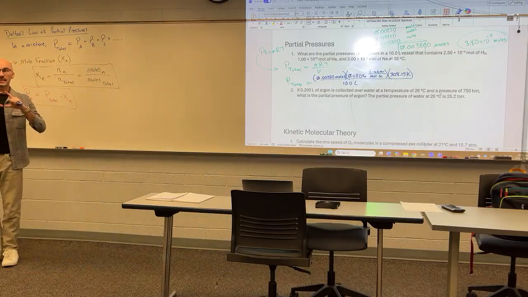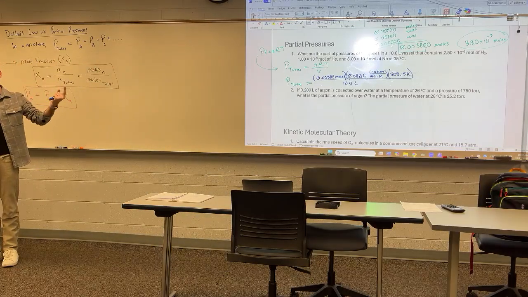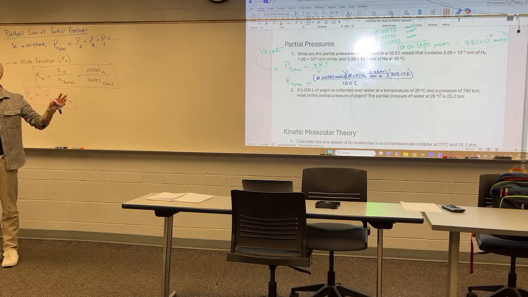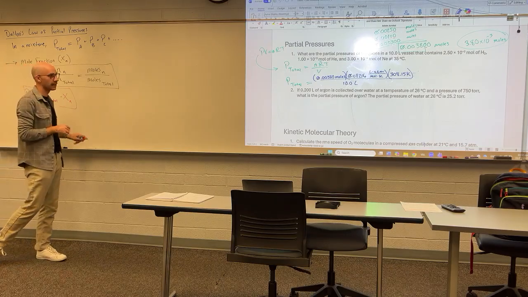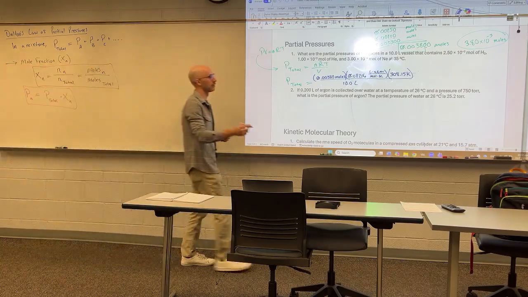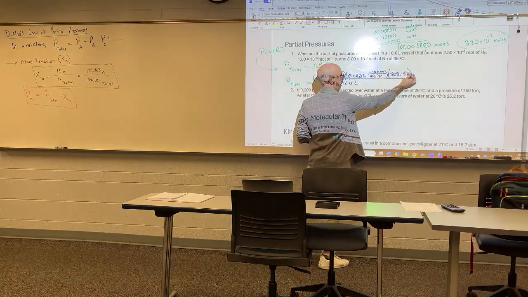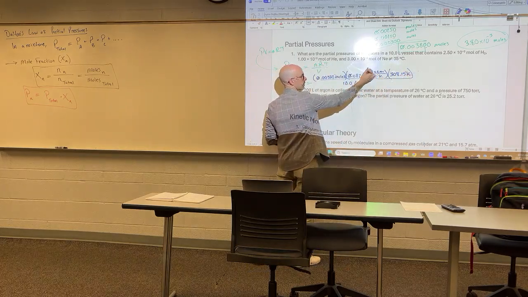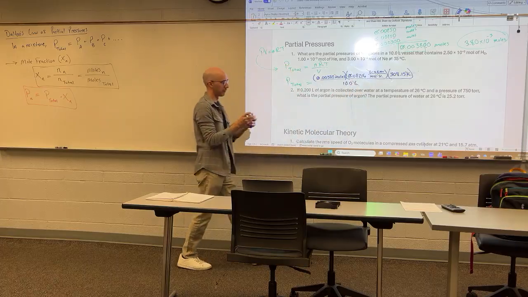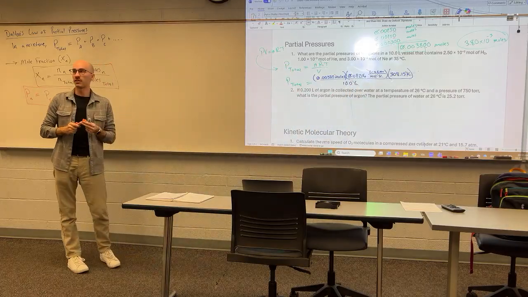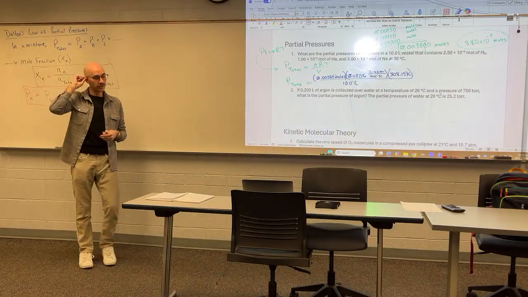I know you guys see how obnoxious these units are and how long they extend, and I'm still going to encourage you to write them every single time, because the only way that you can check whether you've made a mistake or not is to look for the units. Moles on top, moles on bottom. Kelvin on top, Kelvin on bottom. Liters on top, liters on bottom. The only thing I'm left with is units of atmospheres on top.